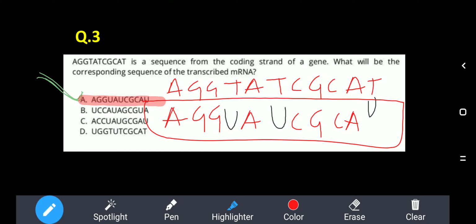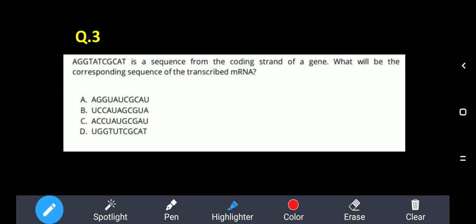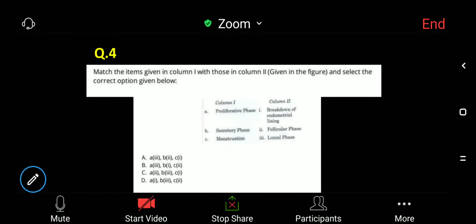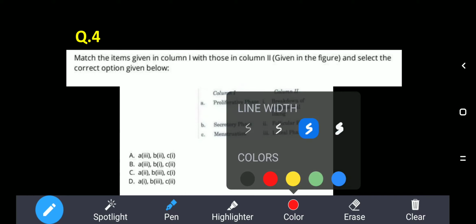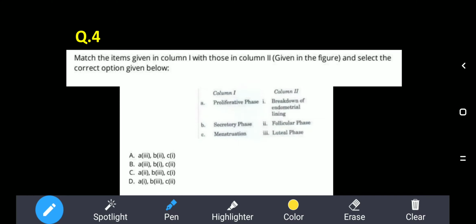Okay, next, question number 4. Let us quickly see the question. Match the items given in column 1 with those in column 2, and then we need to go for the matching part.